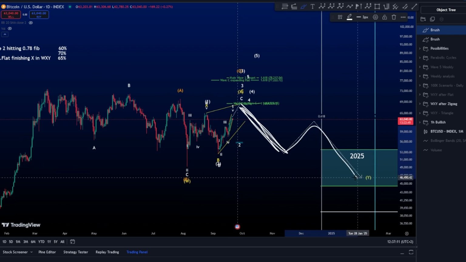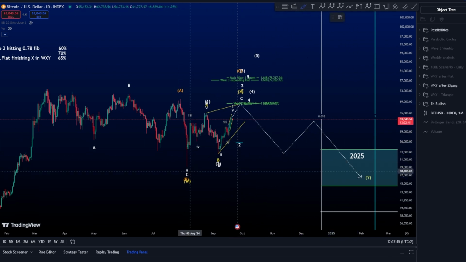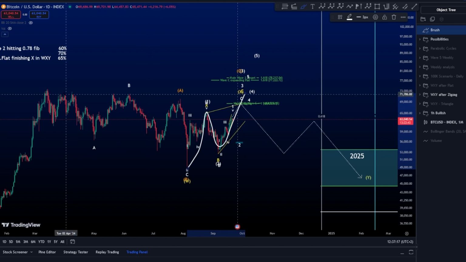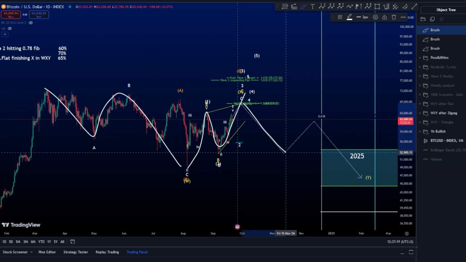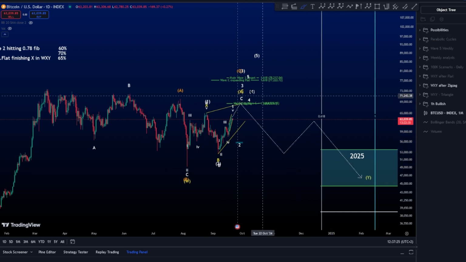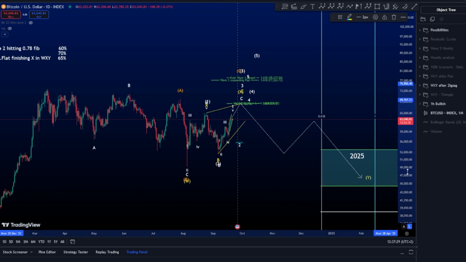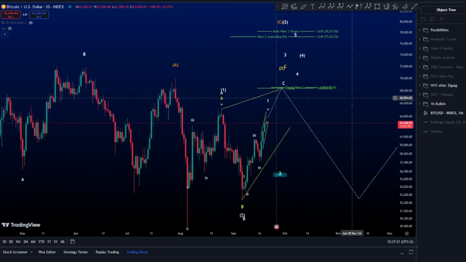And yeah, going even down after finishing this zigzag as well. And you want to see a triple zigzag in a WXY sideways correction, in case we only hit the wave C and retrace back without going higher again.